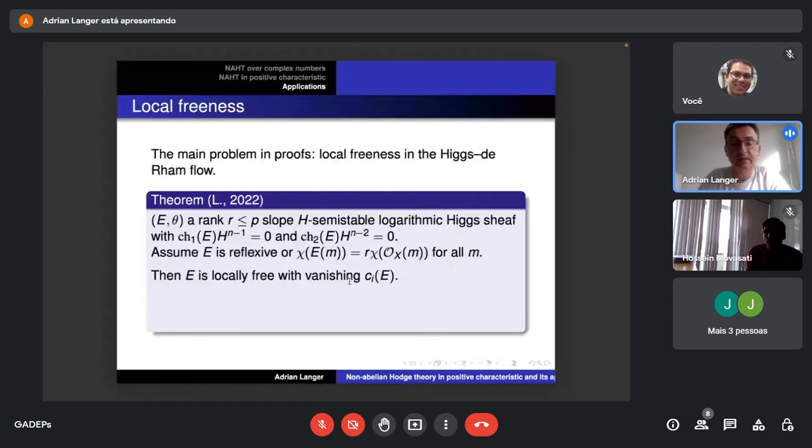One can do even slightly better: if you have a Jordan–Hölder filtration, then the elements of this Jordan–Hölder filtration are also locally free. So this can be summarized by saying that you have a filtration whose quotients are locally free, slope stable, and have vanishing Chern classes. Okay, so that's more or less the main problem that appears in the proof.